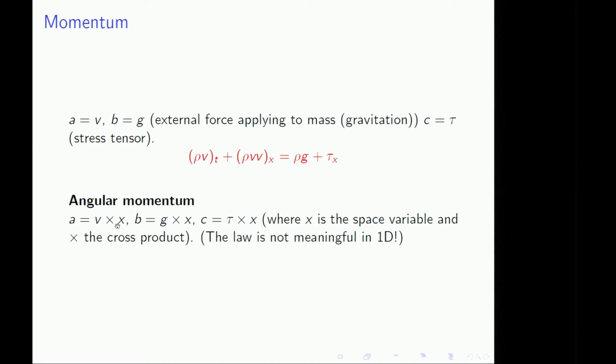So this sort of tells the distance to the, say, axis of rotation. Okay, this law is independent of the choice of coordinates for the space variable. But we will skip this law very fast.